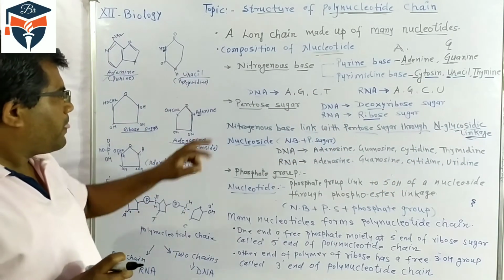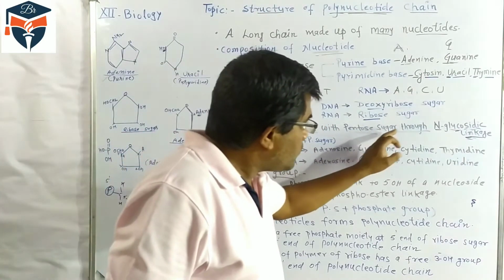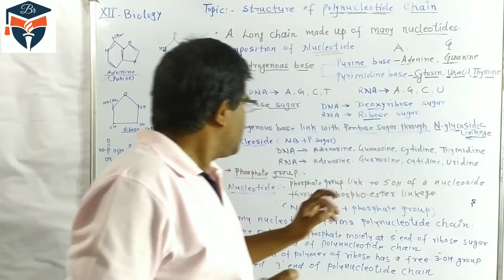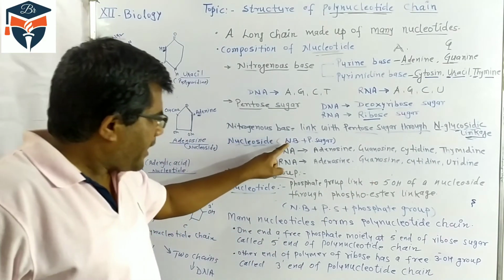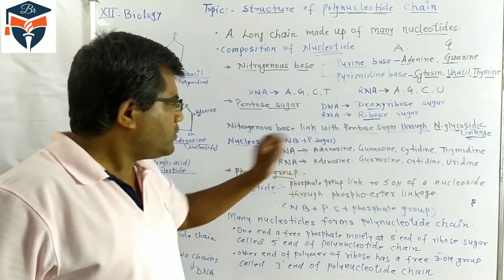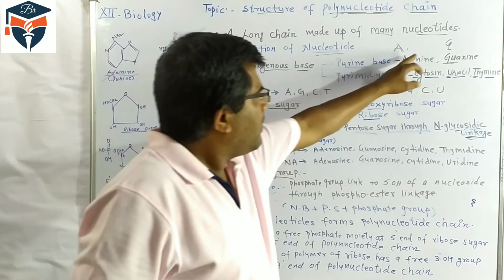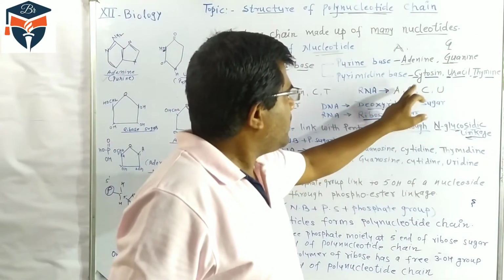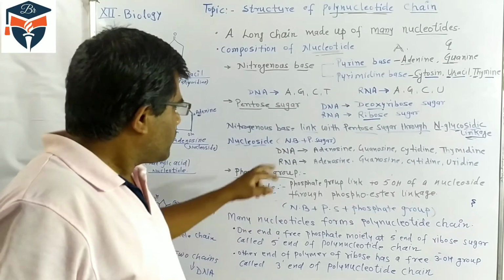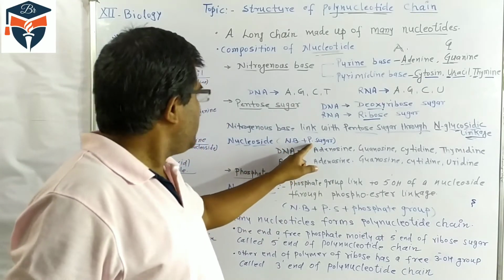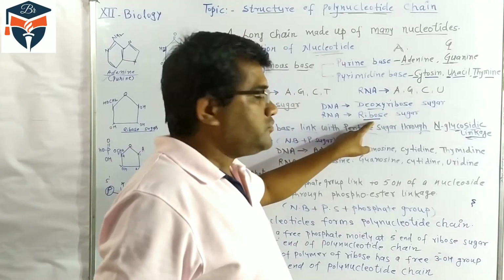When a nitrogenous base links with the pentose sugar, it is called a nucleoside. What is a nucleoside? A nitrogenous base plus pentose sugar. The nitrogenous base may be any one of A, G, C, U or A, G, C, T, and the pentose sugar may be deoxyribose sugar or ribose sugar.